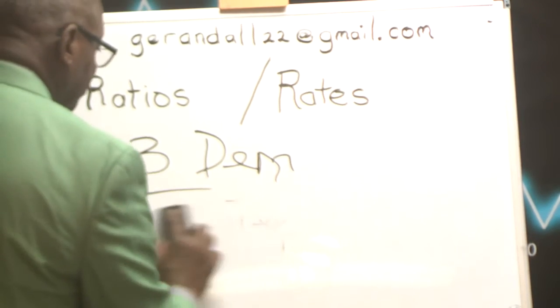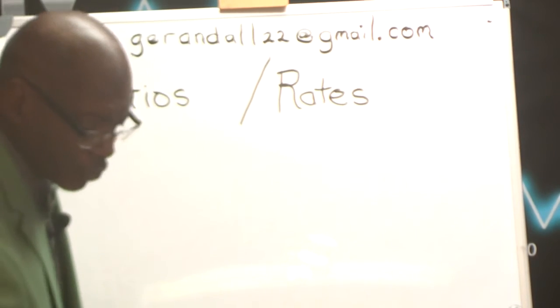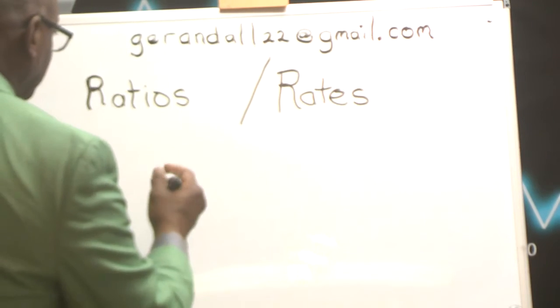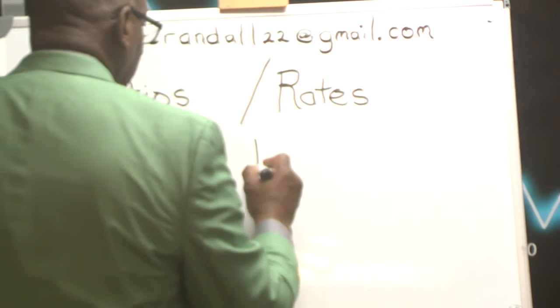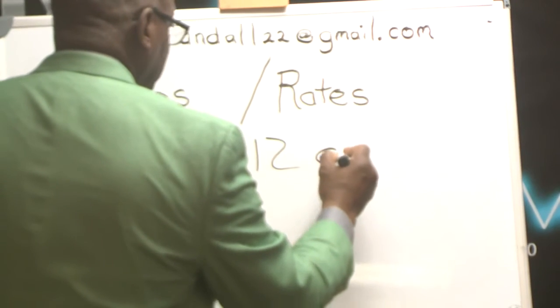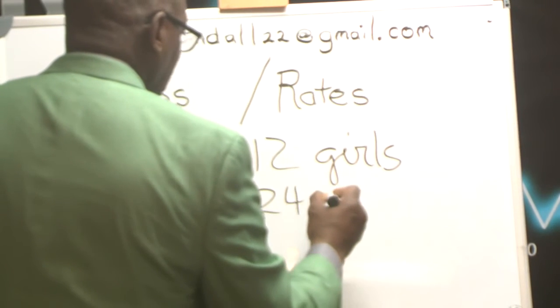Let's look at some students in school. Let's say there are 36 students in a class, and 12 are girls, and 24 are boys.